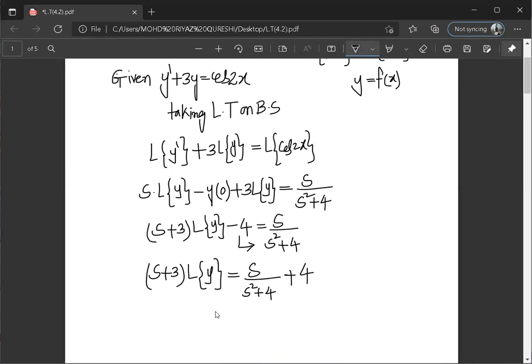Now I want the value of L of y, so simply this s plus 3 we can bring to the denominator. It will be s over s square plus 4 times s plus 3, and finally 4 over s plus 3. This is the solution of this problem.